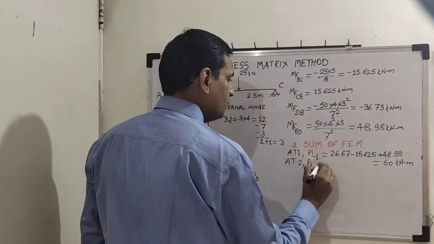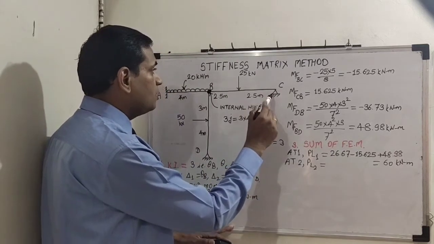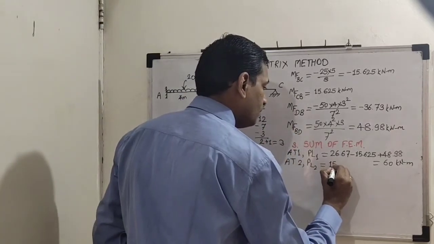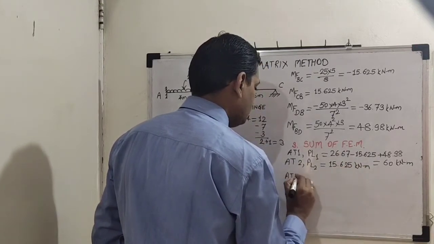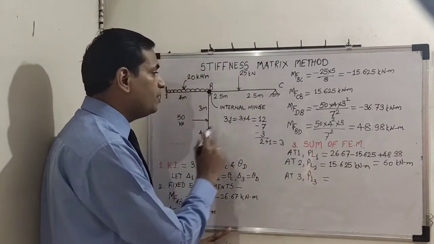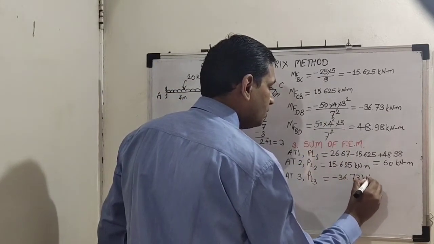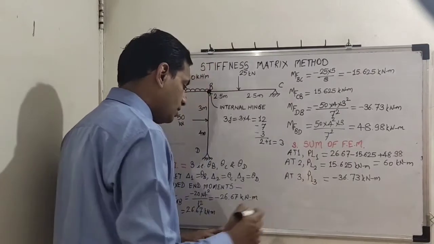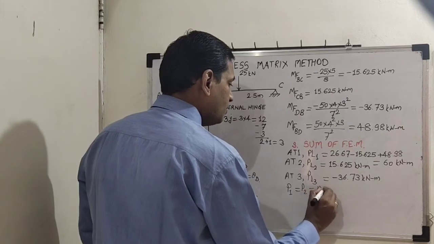Then at 2 we have PL2. What is PL2? Let us see, the second location is C. So on the second location MFCB is 15.625 kilonewton meter. And at 3, PL3 is there. Where is 3? On D. So MFDB is minus 36.73 kilonewton meter. So from the matrix equation we have got these 3 values. Then P1, P2 and P3, all 3 are 0.